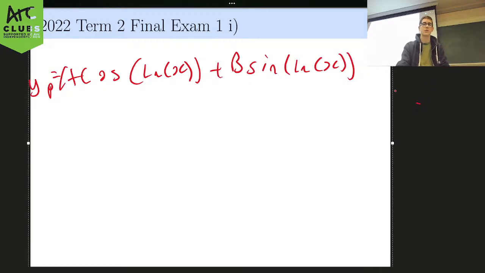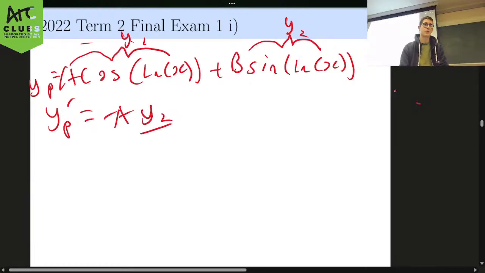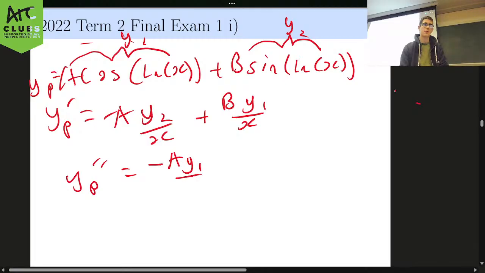And remember our differential equation, if we go up, was that one up there. So we can write this out. Let's call this here y1, and let's call this y2. So if we write this out, we would get y_p dash is equal to negative a y2 over x plus b y1 over x, and y_p double dash is equal to negative a y1 over x squared.